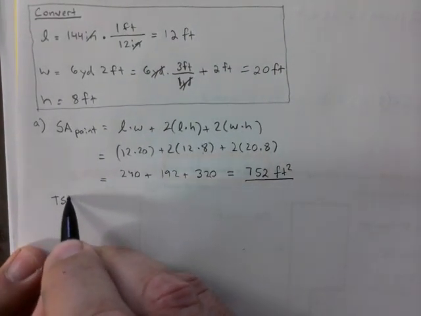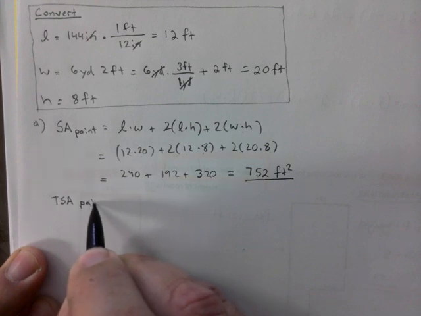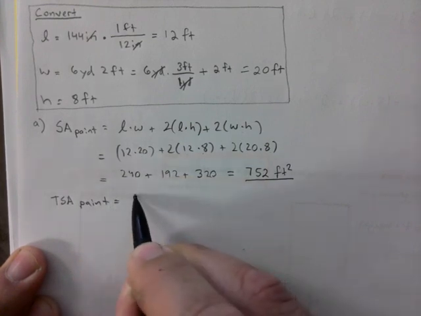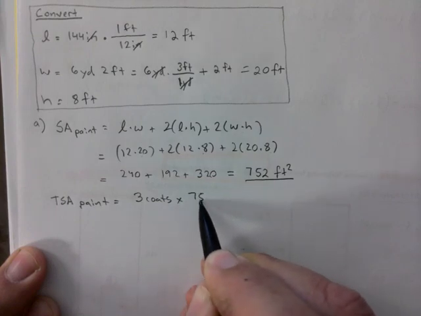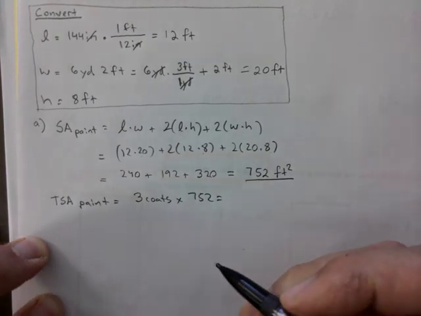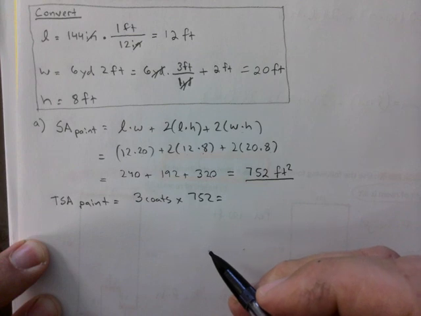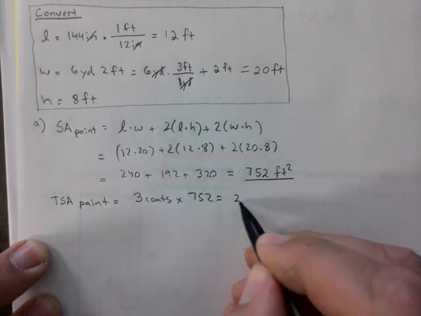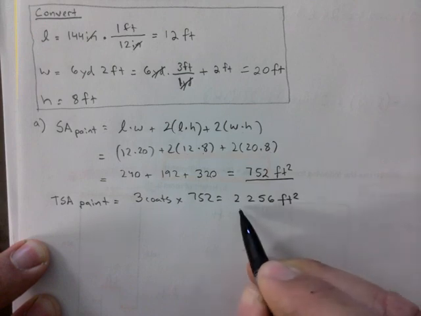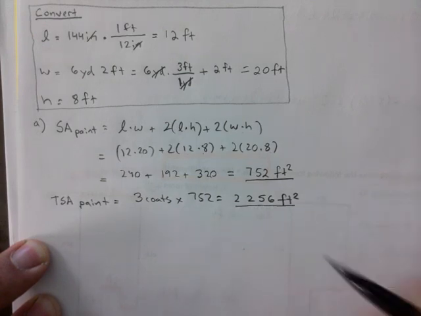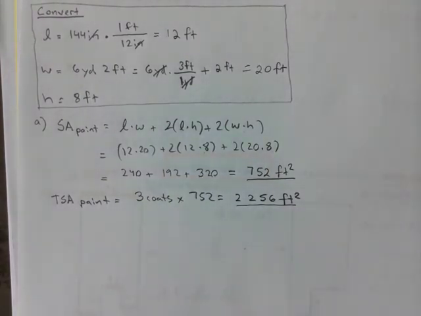Total surface area that needs paint is 3 coats times 752. And that would be 2,256 square feet. So it's as if you're painting a room that is that size, right? Effectively.